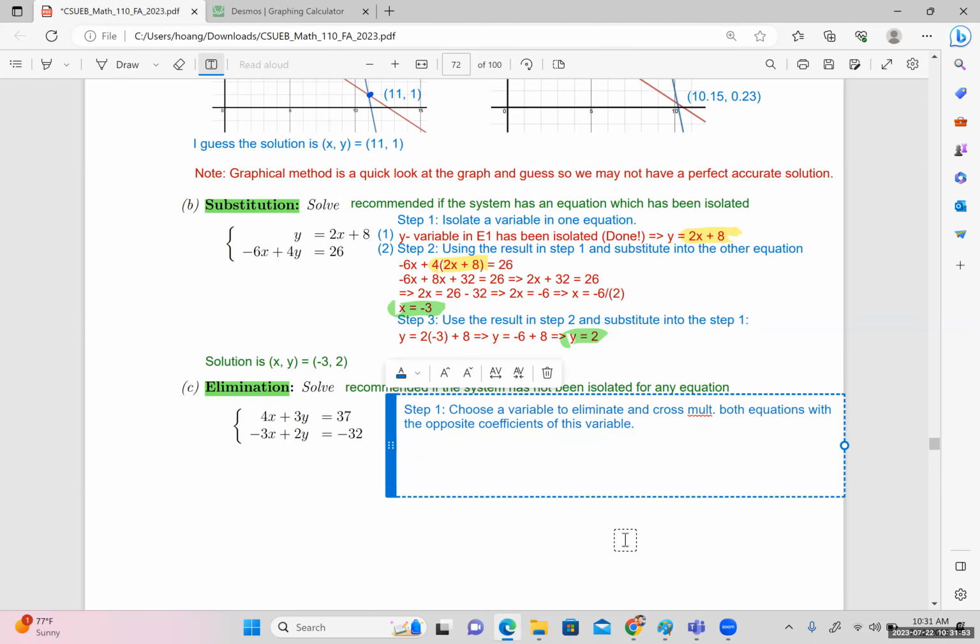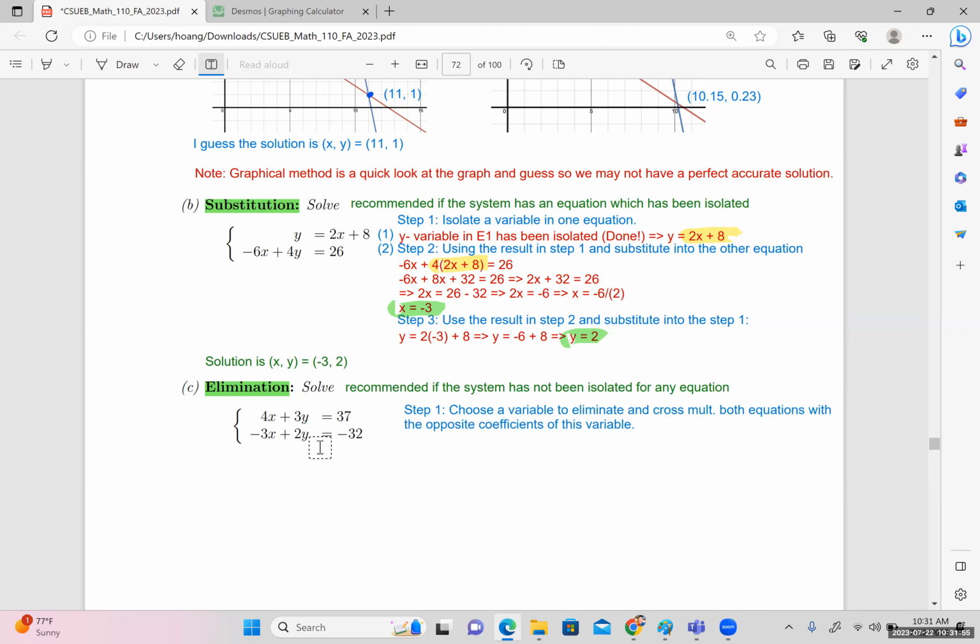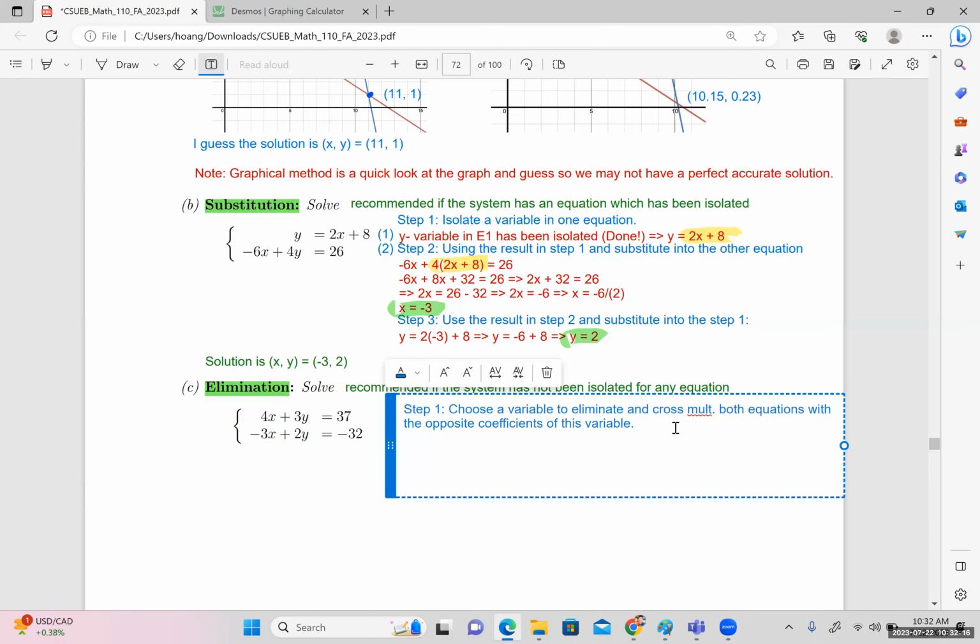You can either choose variable x or variable y, it doesn't matter. I'm going to choose variable x for this case. Let's choose variable x.